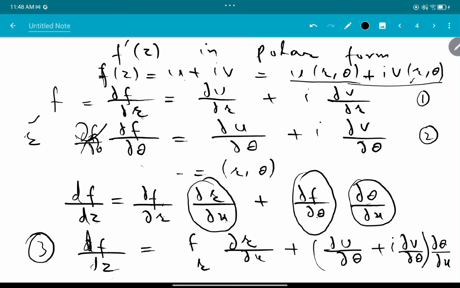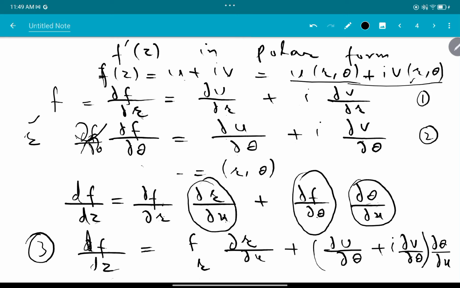Let me again write it on this paper. I have del f by del r is equal to del u by del r plus i del v by del r.